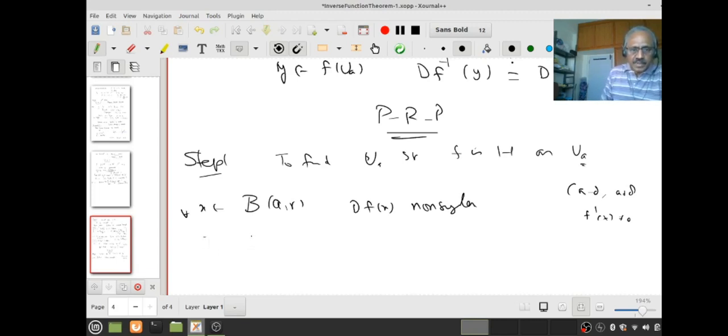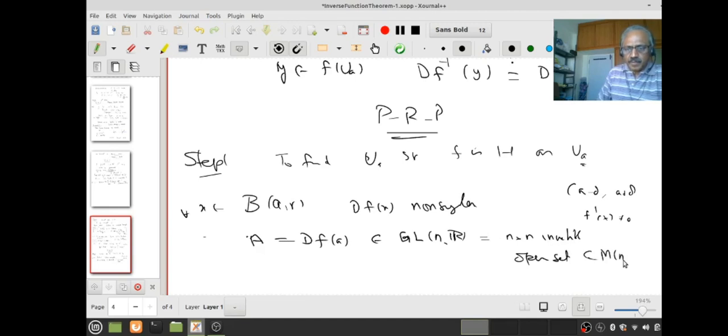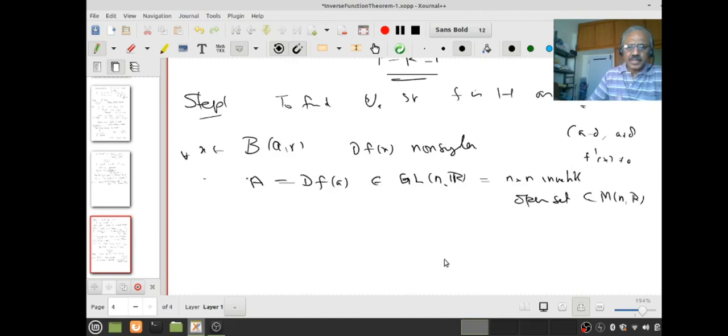Now let's look at df a. What do I know? This is in GL_n(R), the set of all invertible n cross n matrices. We know this is an open set in M_n(R), the set of all real matrices. If you want, I can also do something.